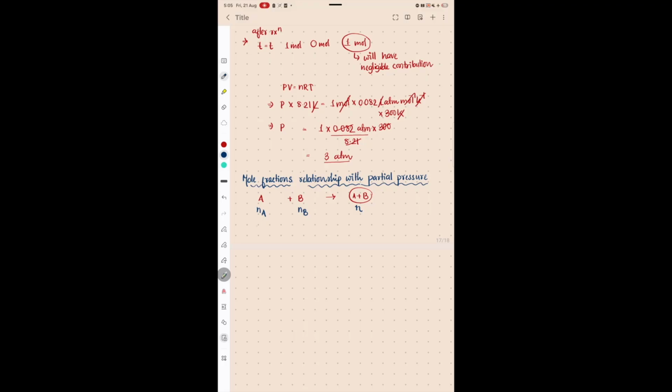And here the pressure of gas A was Pa, the pressure of gas B was Pb, and here the total pressure is P. So total N is equal to Na plus Nb, and the total pressure P is Pa plus Pb.